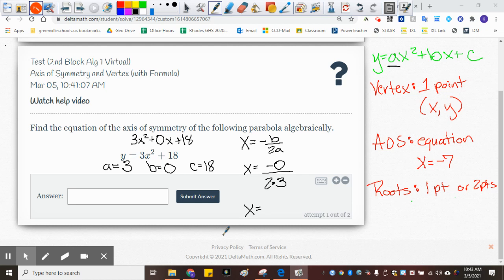On your EOC, you're also allowed to use a calculator. So that's what I'm trying to prepare you for. All right. So x equals 0.